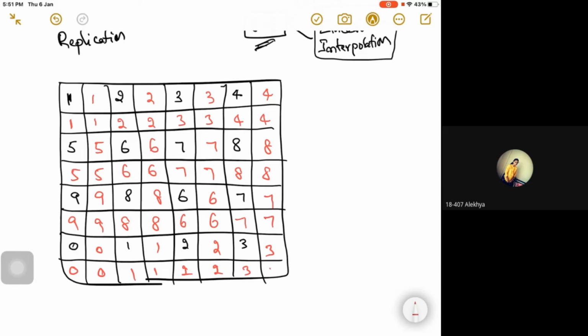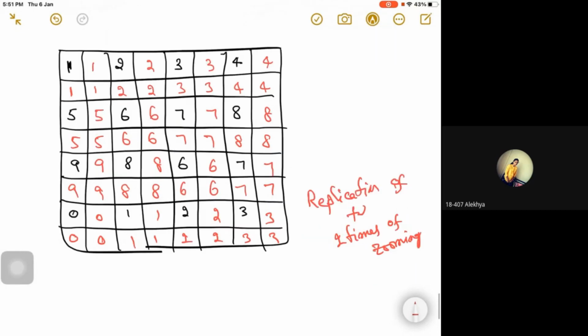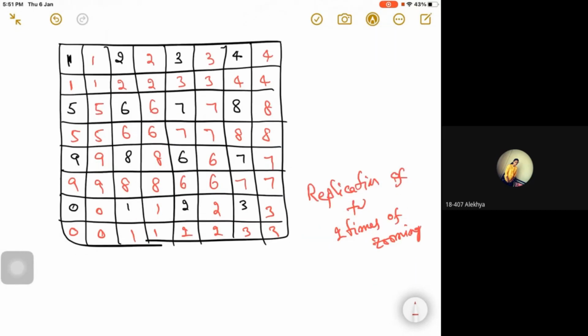This is called replication of intensity values for 2 times zooming. Here please remember, zooming means, unless otherwise specified, increasing the size by double. This is replication. In replication, all the empty cells will be filled with the source element.